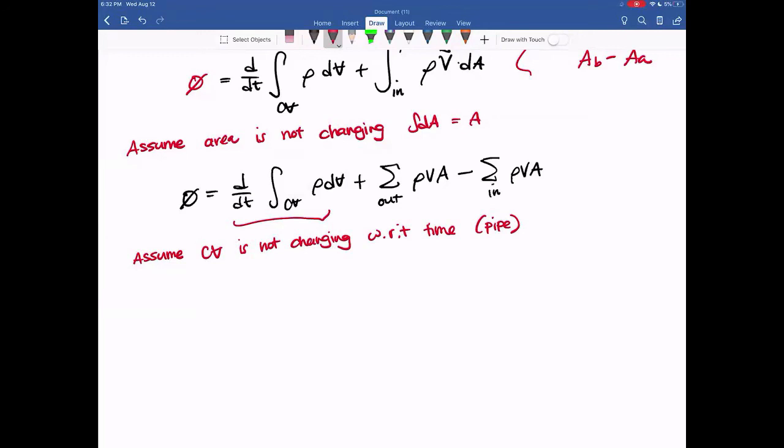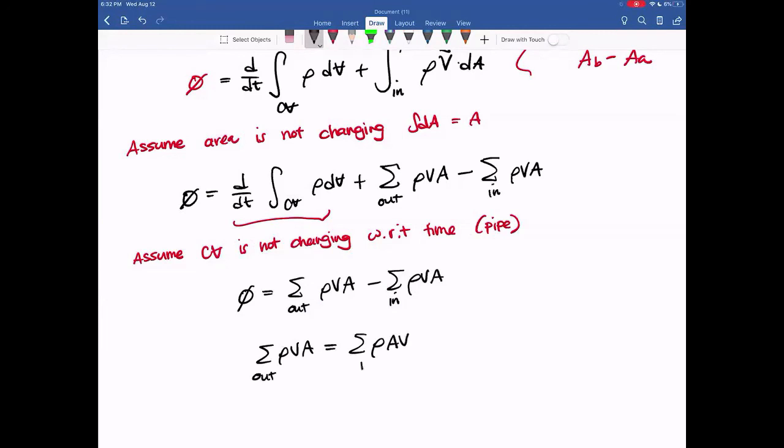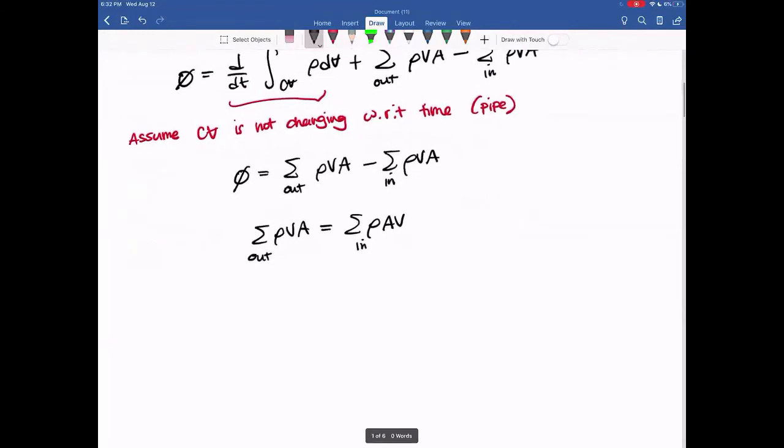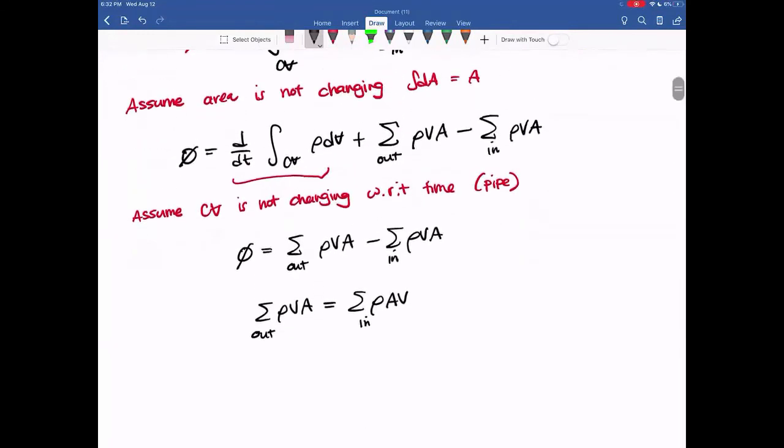So we can essentially eradicate it from our equation. So we end up with 0 is the summation out rho VA minus summation rho VA in, which is going to be summation rho VA out equals summation rho VA in. Okay, so that is after our second assumption.